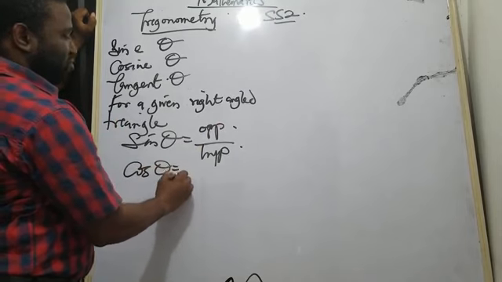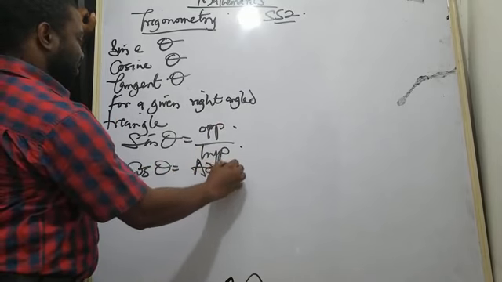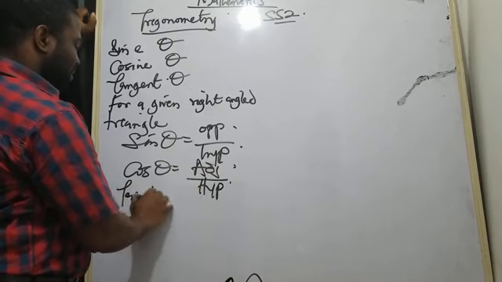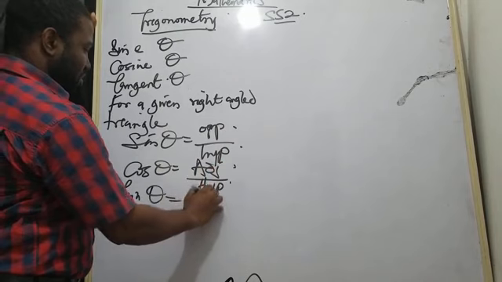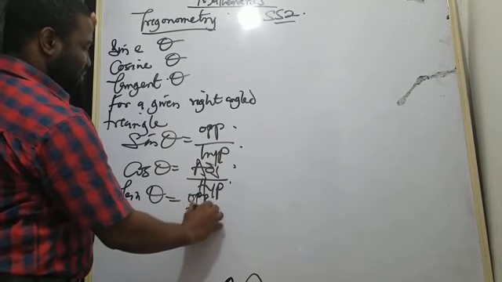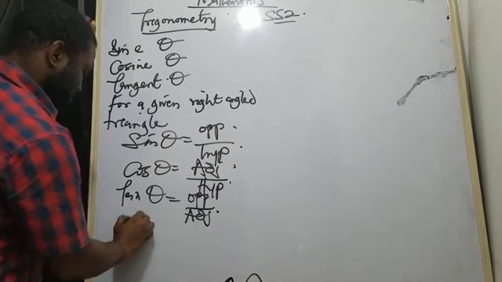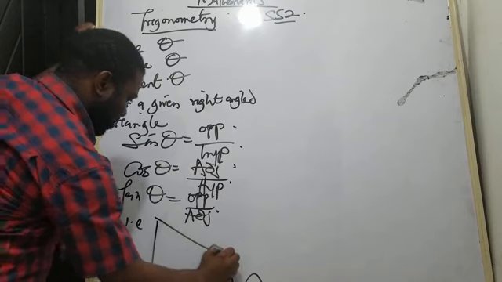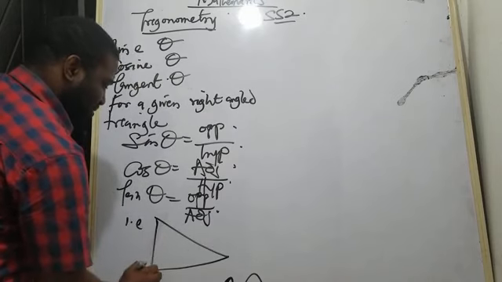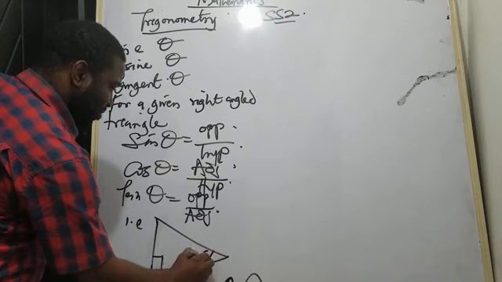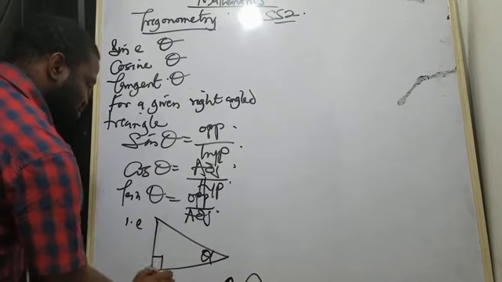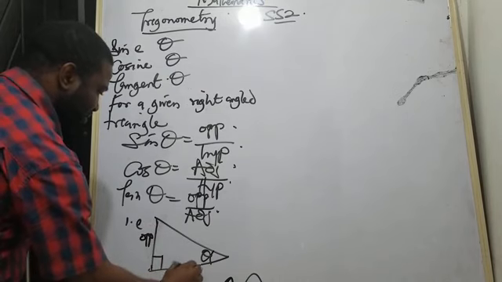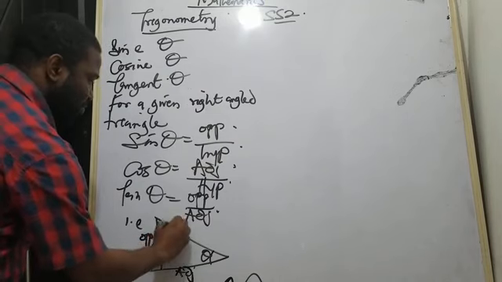Cos theta is equal to adjacent over hypotenuse. Tan theta is equal to opposite over adjacent. And this, if given a right angled triangle, it's right angled here, and this is our theta, then this is going to be our opposite, adjacent, and then our hypotenuse.